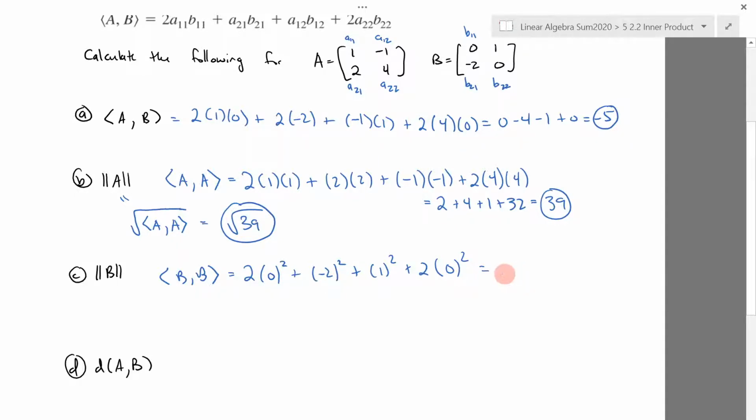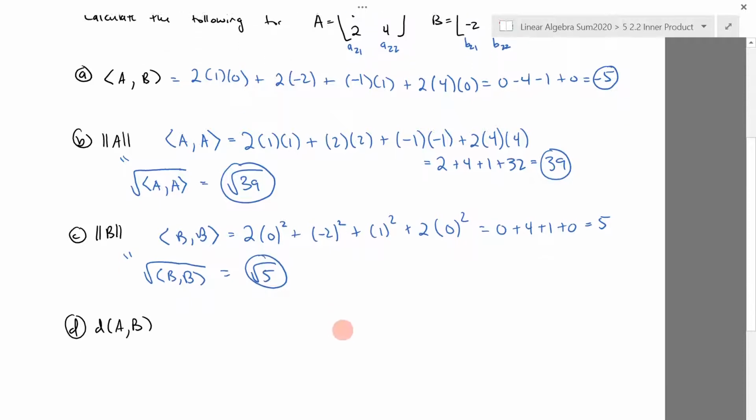This is 0 plus 4 plus 1 plus 0, so that's equal to 5. And so this is the square root of this number. So we get the square root of 5.